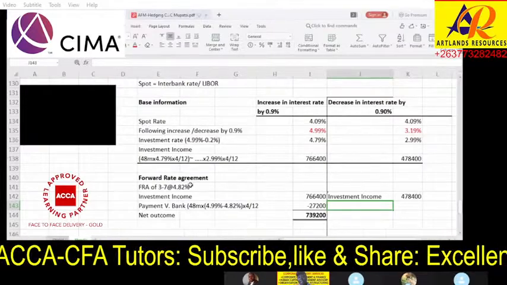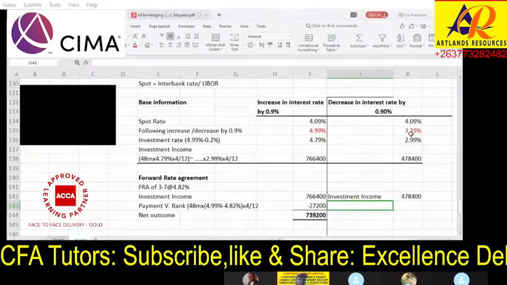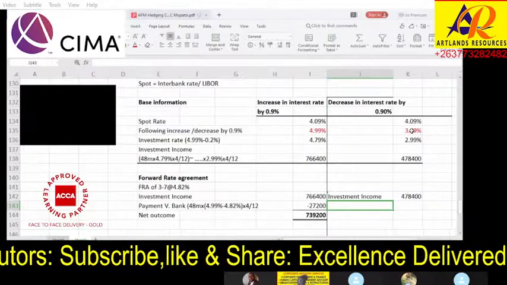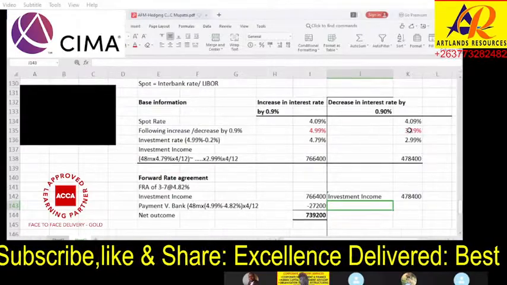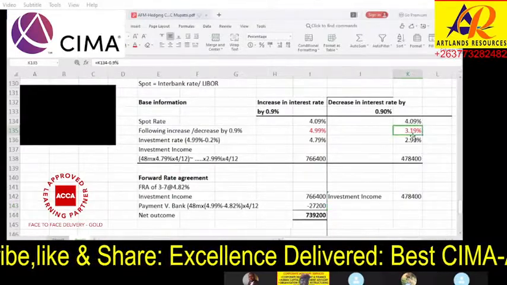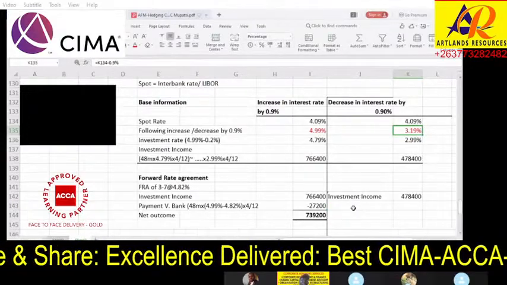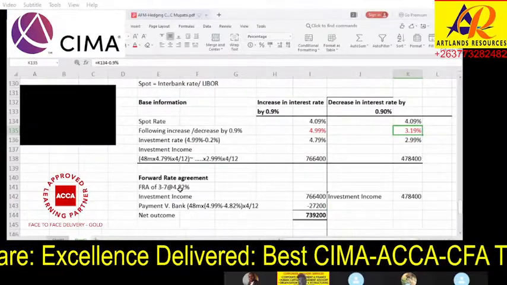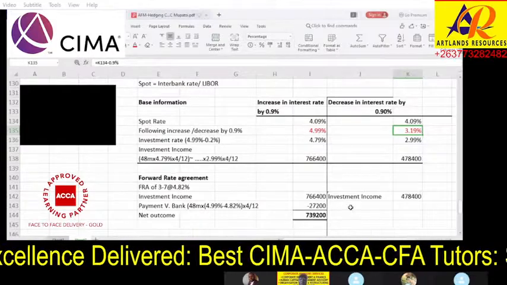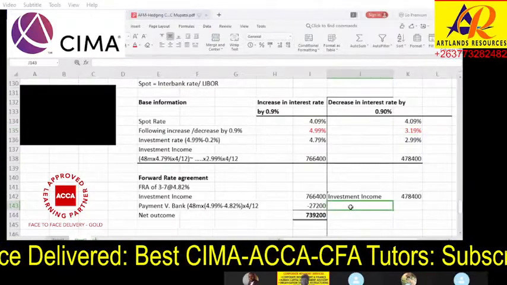You are a lender, but the interbank rate then fell to 3.19, in which case you gain. If the interbank rate falls to 3.19, you gain as a lender because the forward was higher than the actual interbank rate. If you were a borrower, you lose.